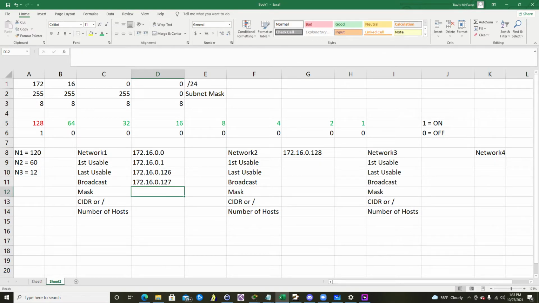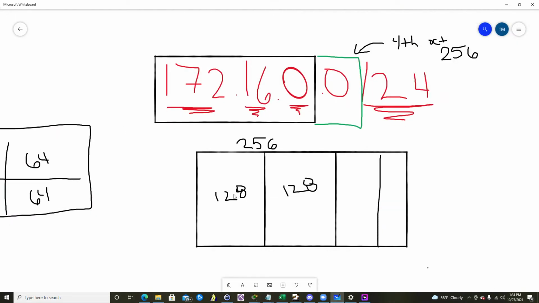Now, the important thing to note here is that this is our range in network 1. So this is essentially what we're stating when we define that line in between the 128 and the 64: the number directly to the left of our imaginary line, this 128, determines our block size.